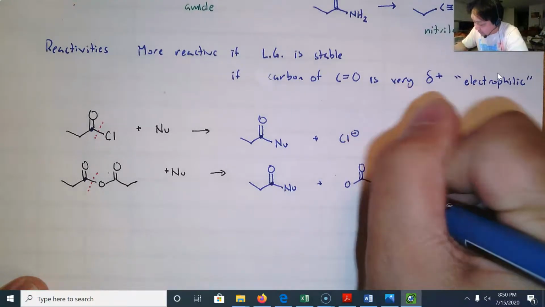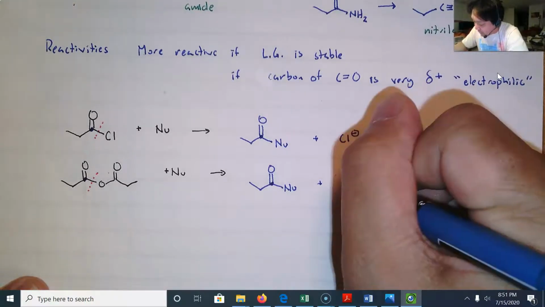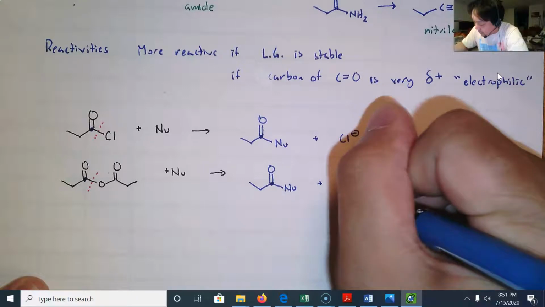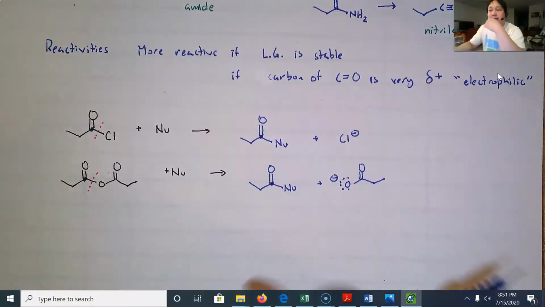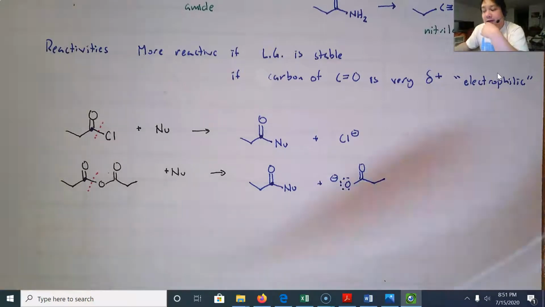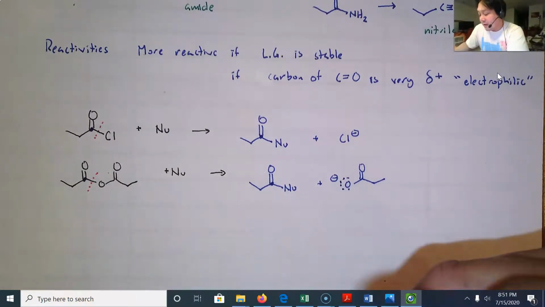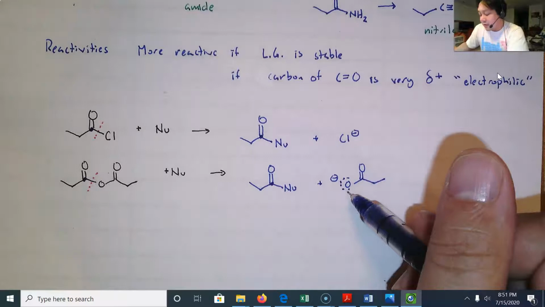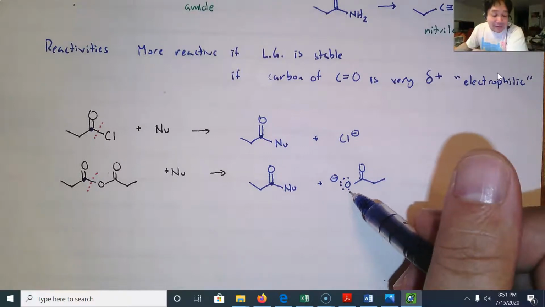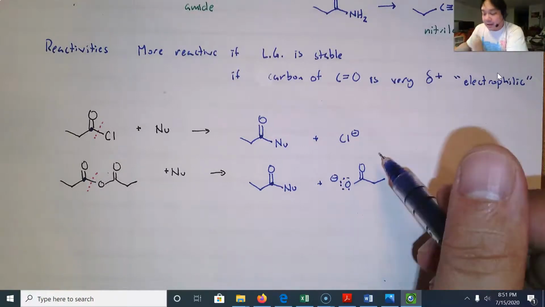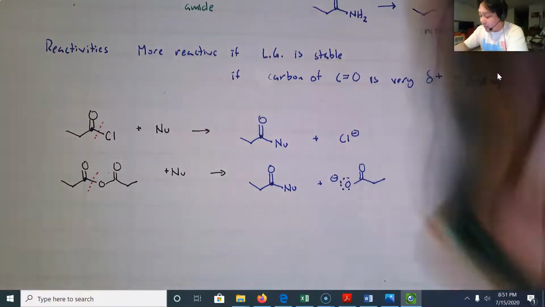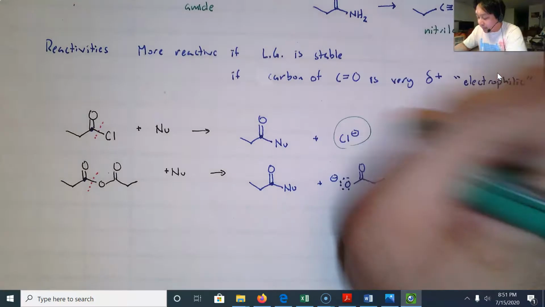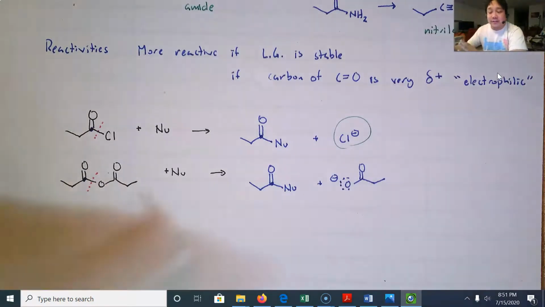It looks like a really good leaving group, actually, because this is a carboxylate. Carboxylates have resonance. So it's a bit of a conundrum. This negative charge is on a very electronegative atom. Also, it has resonance. But what trumps both of those things is that chlorine is electronegative, and it's also much larger. It's in a different period.